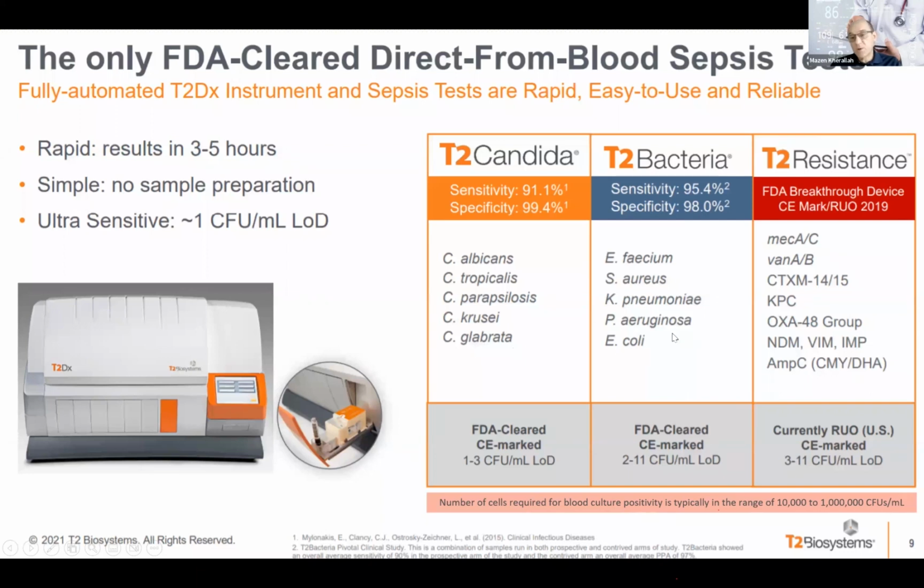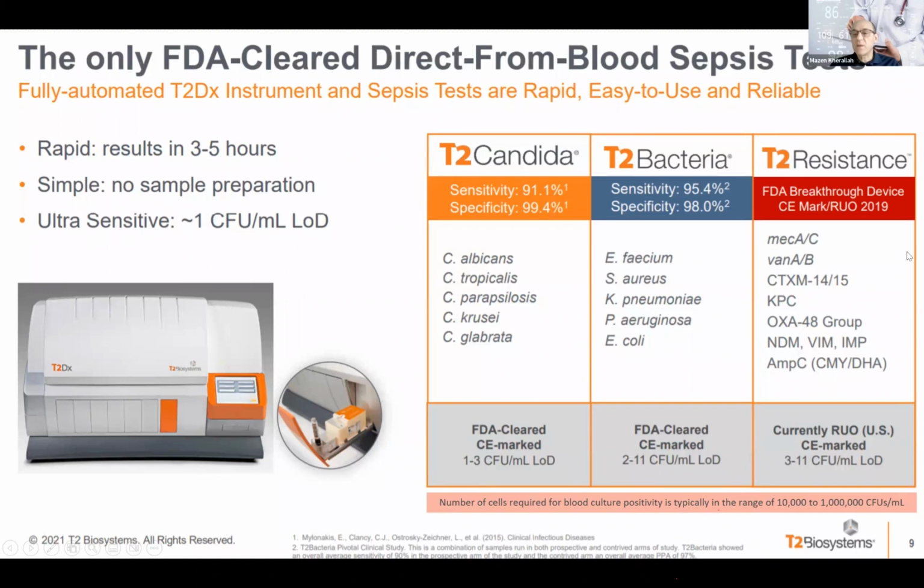We have a limited number of bacteria, but you can detect them at 2 to 11 colony forming units: Enterococcus faecium, Staphylococcus aureus, Klebsiella pneumoniae, Pseudomonas aeruginosa, and E. coli. Again, those are actually the most common ones in the intensive care unit for patients developing pneumonias.